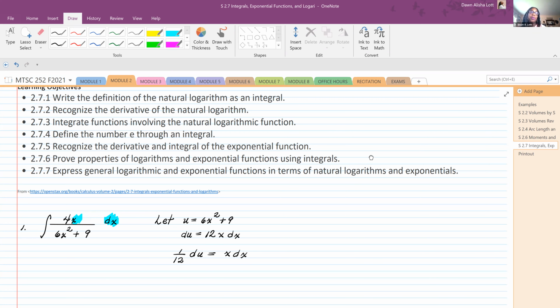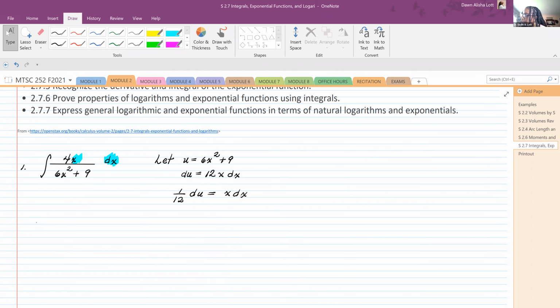And so actually this problem is very simple. We can move the 4 out. We have the integral of x dx divided by 6x squared plus 9. Okay, what do I do now? You then substitute.